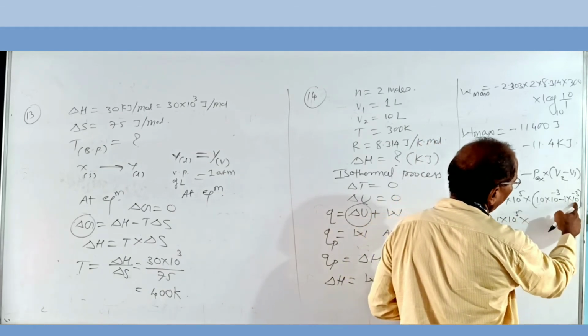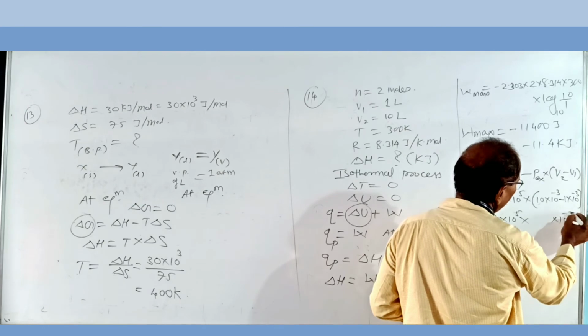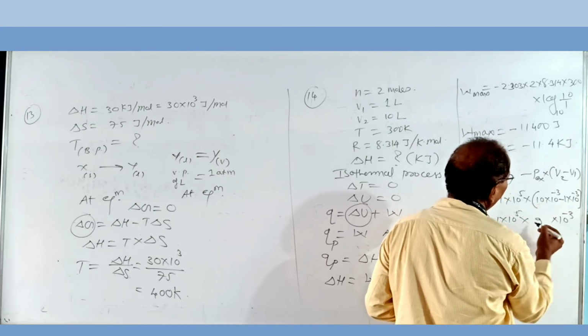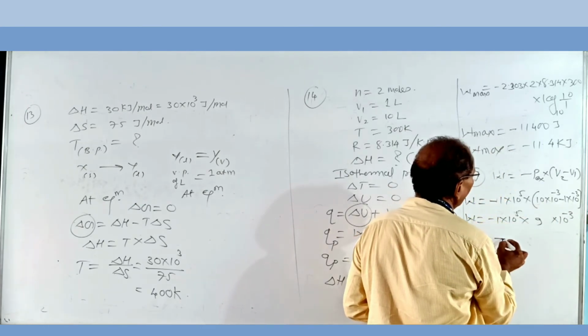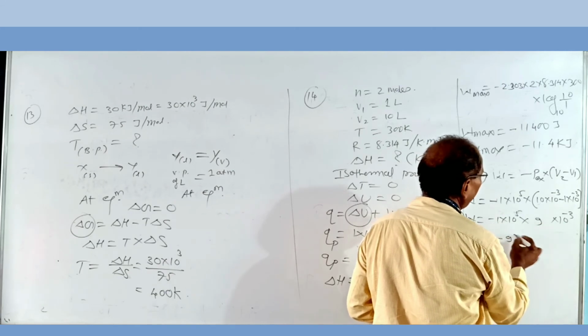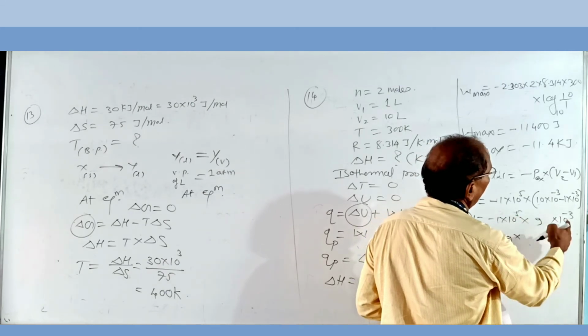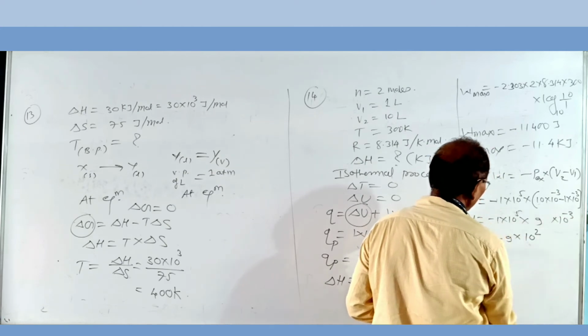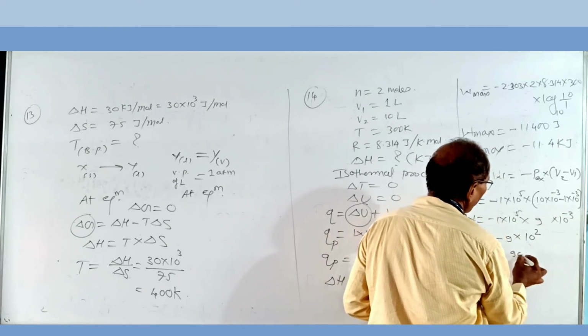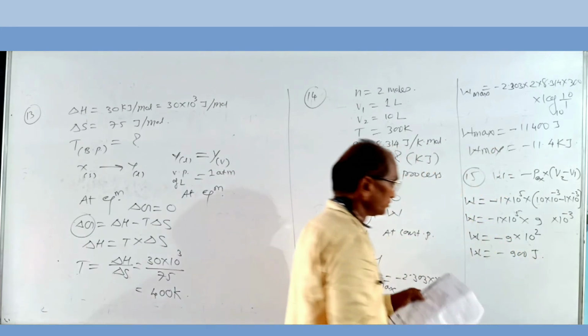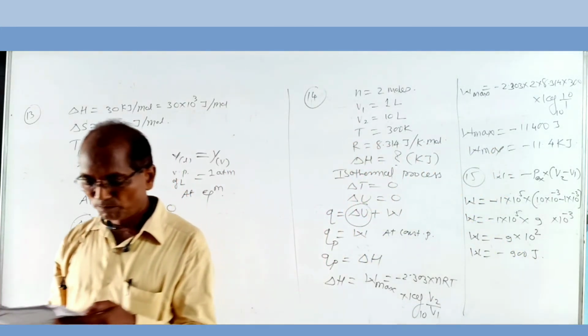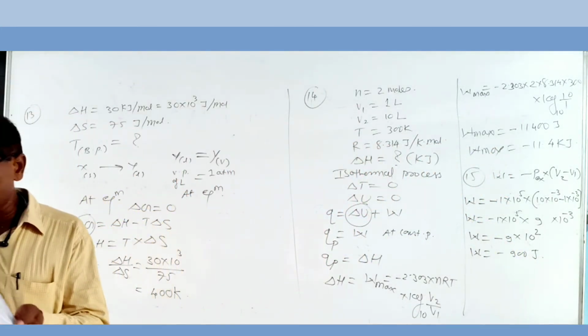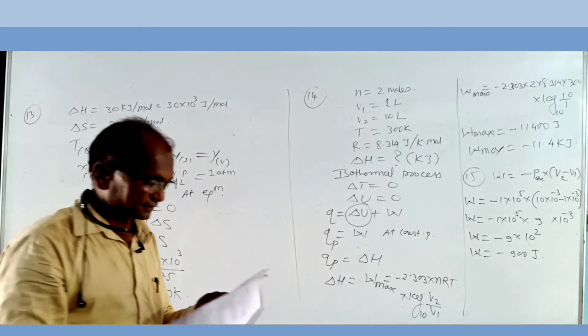Take 10 to the power minus 3 common and 10 minus 1 gives 9. W is equal to minus 9 into 10 to the power 5 minus 3, 10 to the power 2. W is equal to minus 900 joule. Therefore, the first answer is the correct answer.